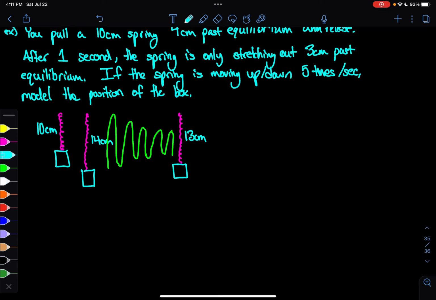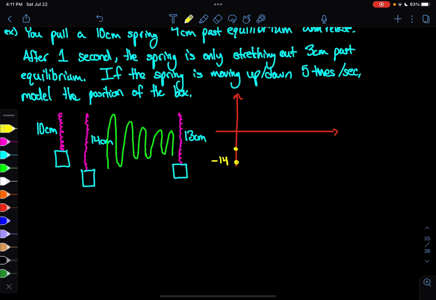Well, if there wasn't anything dampening our motion, based on everything we learned in our last video, I might create a very rough sketch. We pull it down to minus 14.